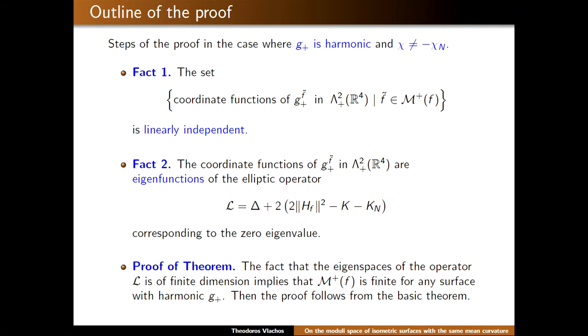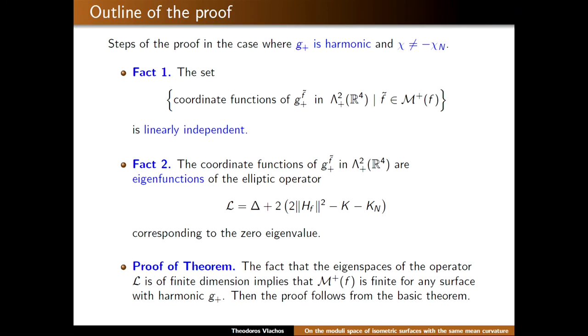We are also able to prove that these functions are eigenfunctions of this elliptic operator corresponding to the 0 eigenvalue. Using standard theory, for an elliptic operator on a compact Riemannian manifold, the eigenspaces are always of finite dimension.